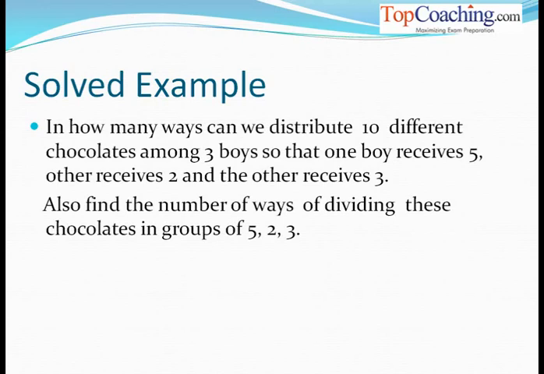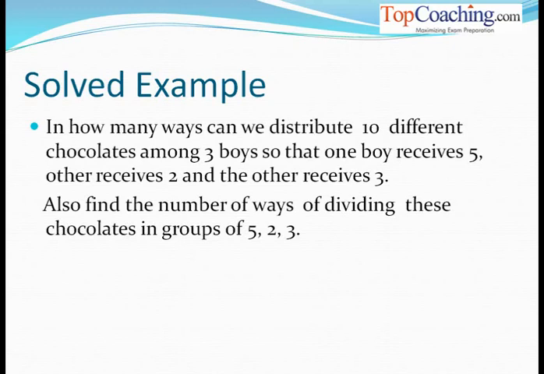So what we have been given is, we have got 10 chocolates and they have to be distributed among 3 boys, so that the first receives 5 chocolates, the second receives 2 chocolates and the third receives 3 chocolates. Also in the second case, we have to just divide these chocolates into groups of 5, 2 and 3. So let's see the solution of it.